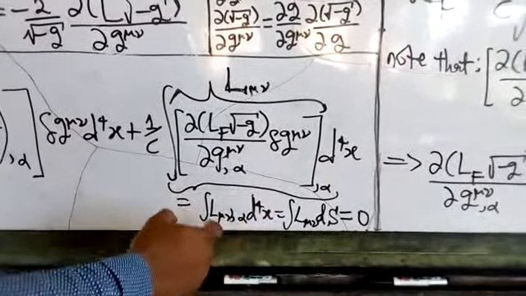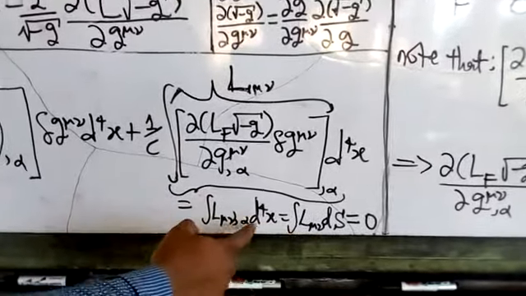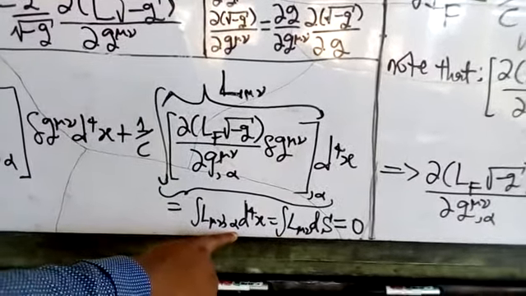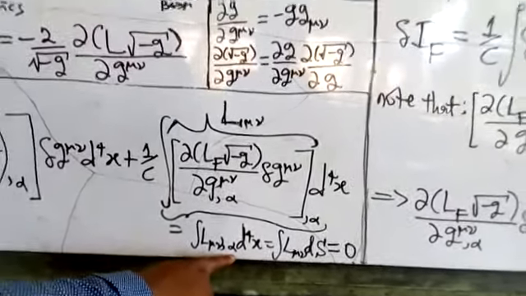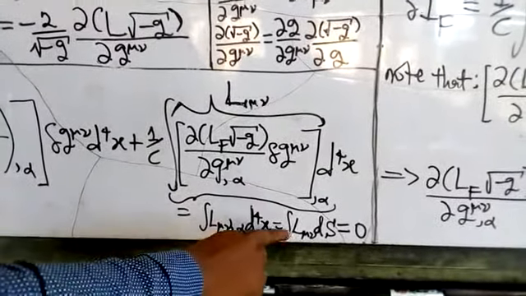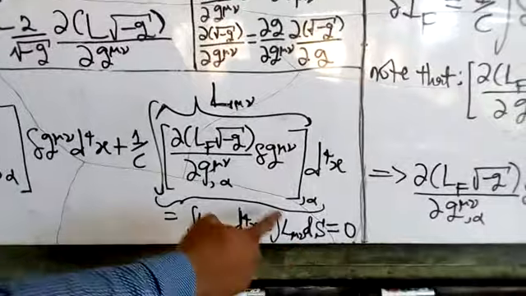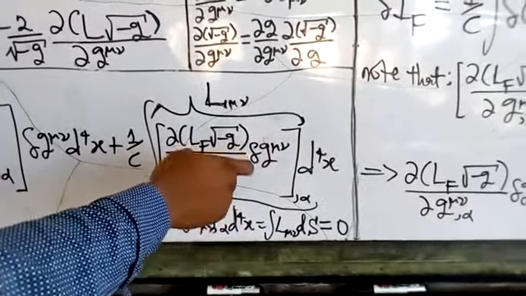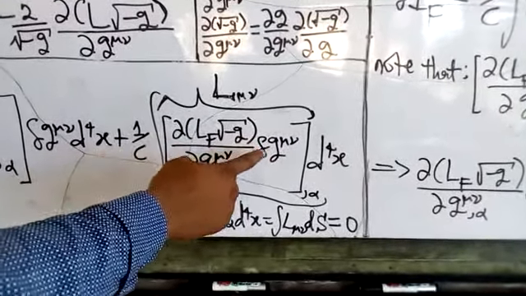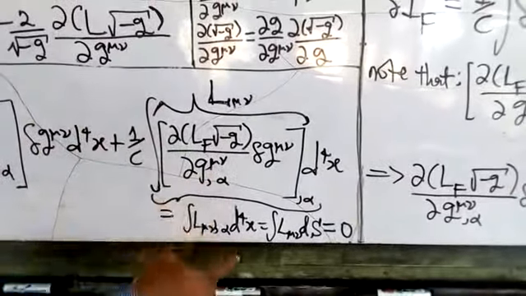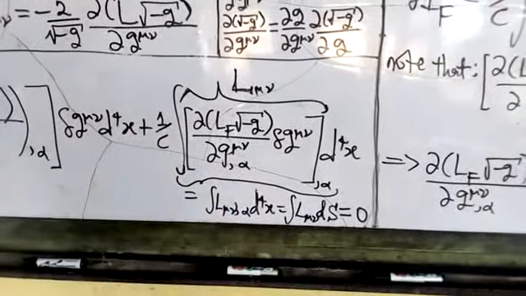And by our Gauss law, this is the same thing as dispensing with the derivative with respect to x alpha. This is just an integral of L sub mu nu, but now over the surface. Again, because it contains this variation with respect to g sub mu nu, which vanishes on the surface, this integral as a whole is equal to 0.